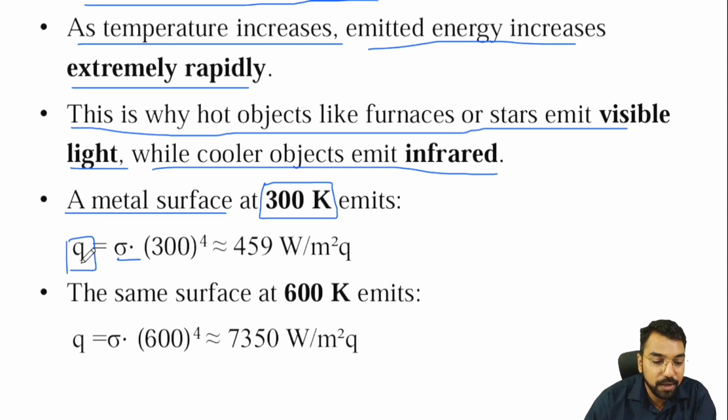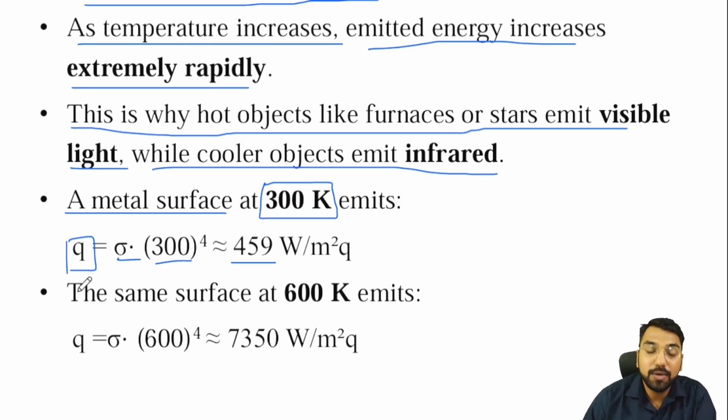If we consider this surface temperature as 300 Kelvin, the total energy radiated will be 459 watt per meter square.